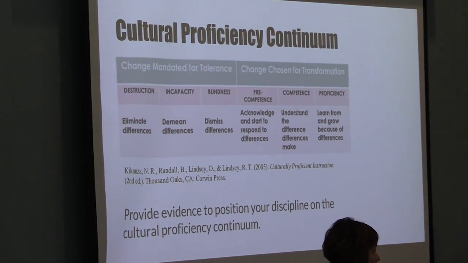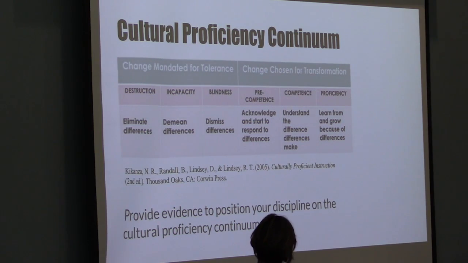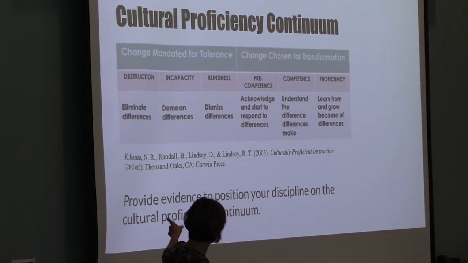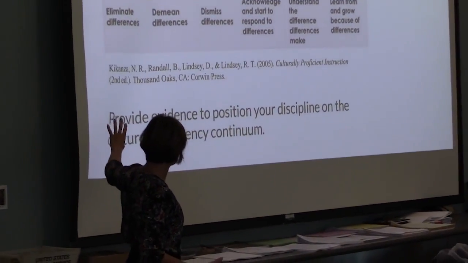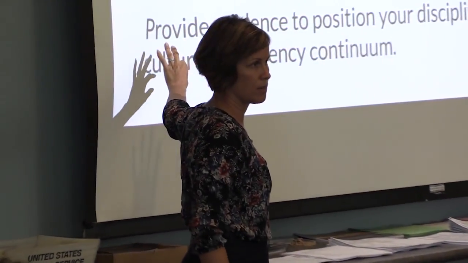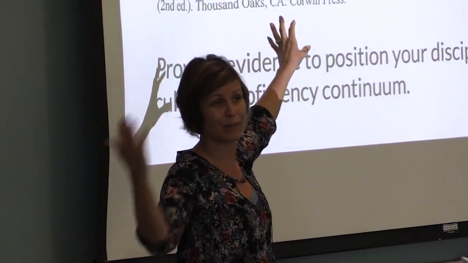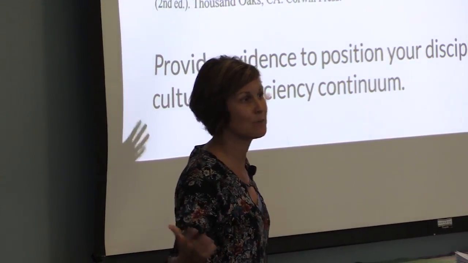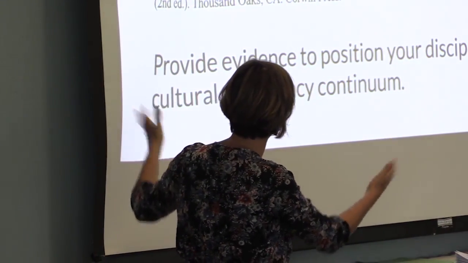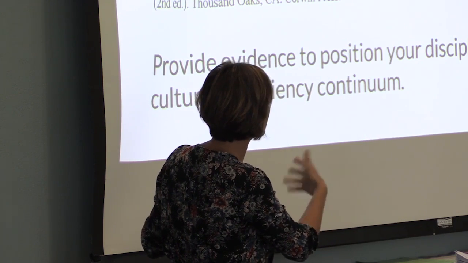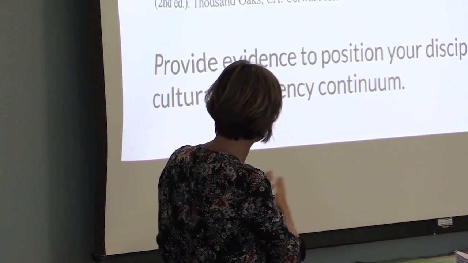So I'm going to ask you to engage in a little bit of a conversation that may be new to your discipline. Think about where your discipline is positioned on the cultural proficiency continuum. The field of education can talk about this well because it's a very known discipline for engaging in discussions about culture, but you may have to think of your own a little bit differently.